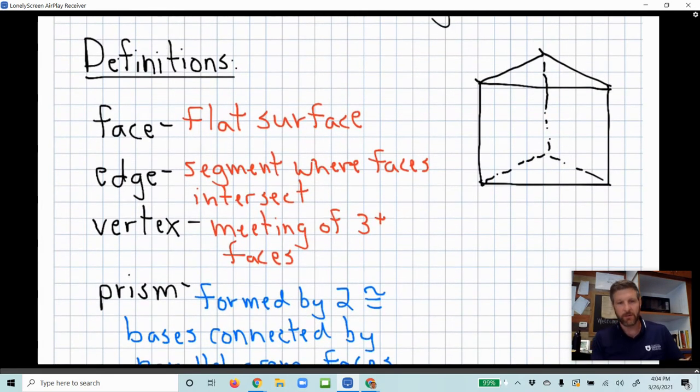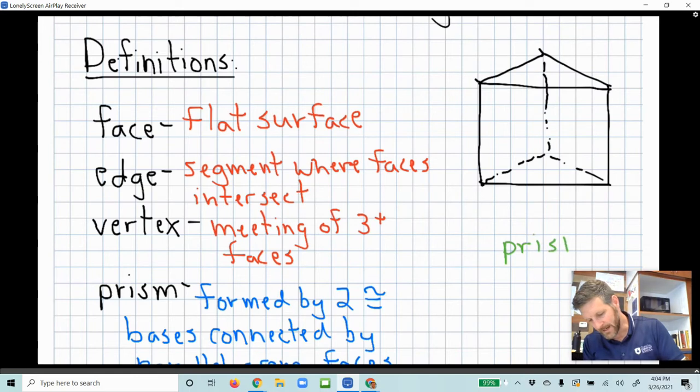So let's start off with these first three: face, edge, and vertex. All right, so when talking about a 3D shape, this particular prism here that I've drawn, beautiful. Okay, so we have here a prism, which is a type of 3D shape that we'll define in just a minute. We want to make sure we know the difference between faces, edges, and vertices. So faces are any of these flat surfaces.